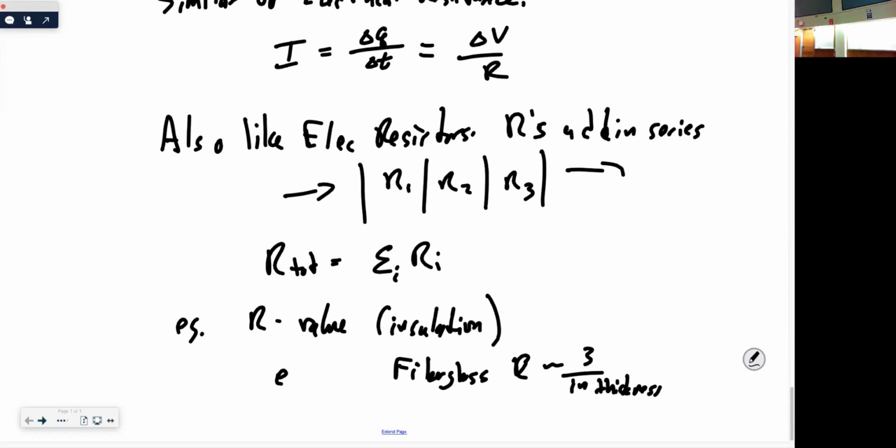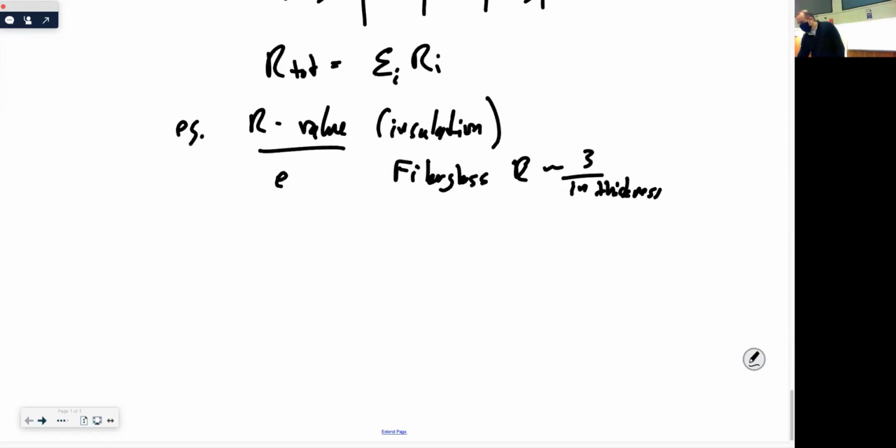So what does that mean? What 3 what? You might be asking. Turns out that this R value, this is not the R that we've been talking about, but this particular R has a particular unit. And so when you say R value, you're talking about R in this particular unit. What are the units, you might ask?